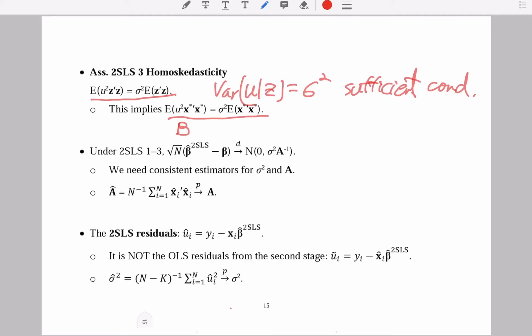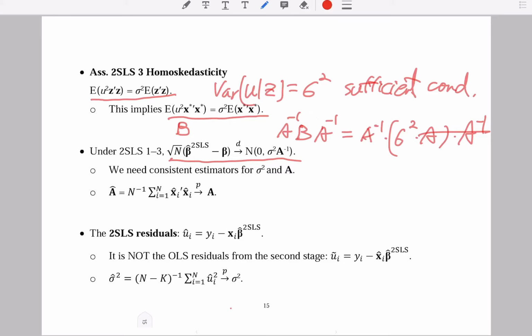Under the two-stage least squares assumptions 1 through 3, we can further simplify the distribution to a normal distribution with sigma squared times n inverse, because A inverse B A inverse becomes A inverse times A times A inverse, and the A inverse and A cancel out.